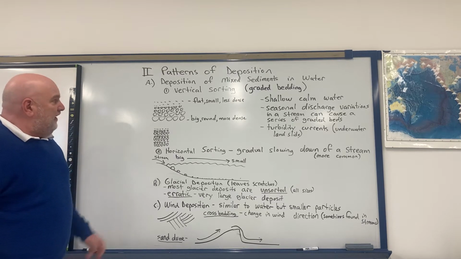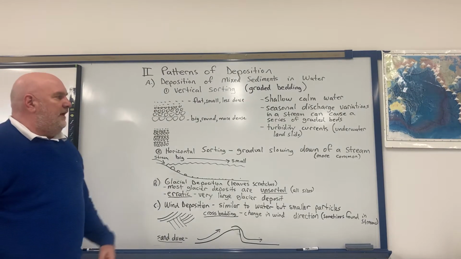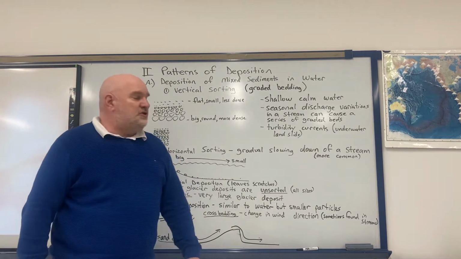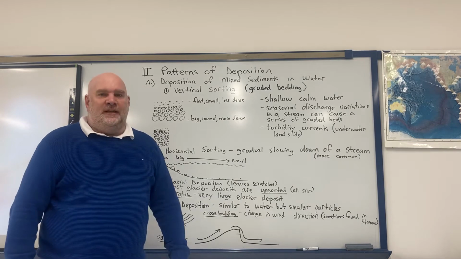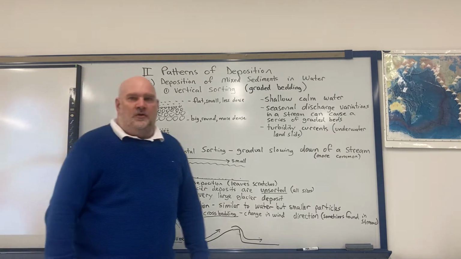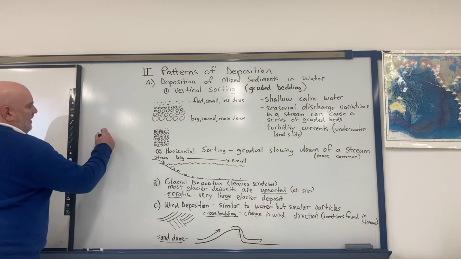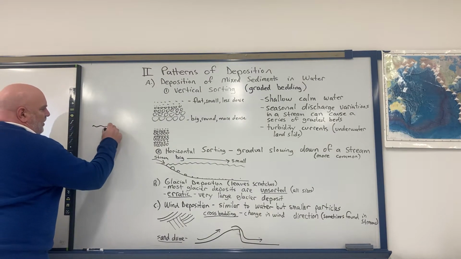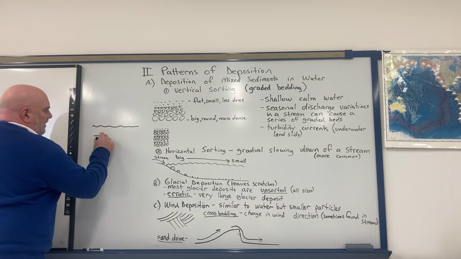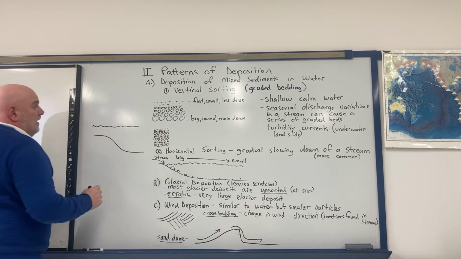Now, another place where you can get vertical sorting is with something called a turbidity current. A turbidity current is basically an underwater landslide. So let's say I had land, there's the ocean, and here's the land like that.